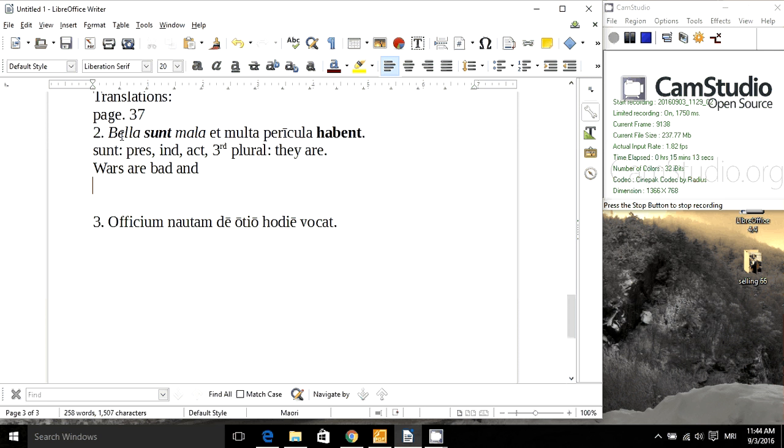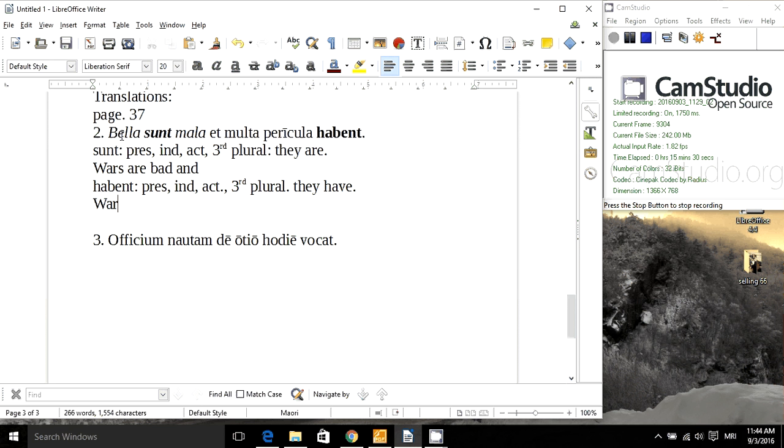Need to parse that verb. Habent, that's also present indicative active. It's also third plural. Okay? Meaning they have. So I can add that to my translation. Wars are bad and they have.